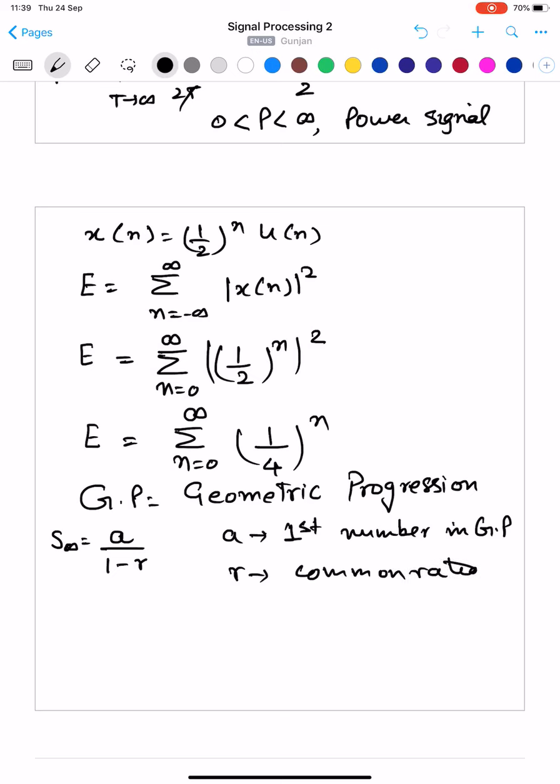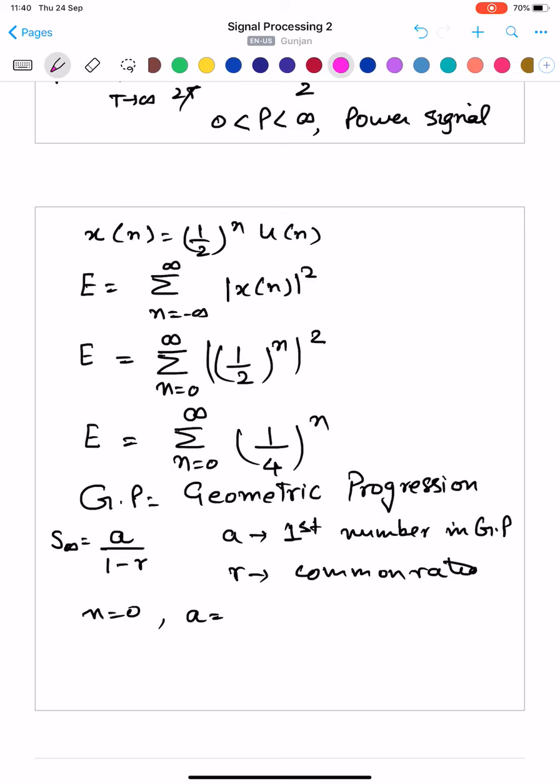So for this, the first term means n equals 0. So for our case, a is equal to, when you put n equals 0, 1 by 4 raised to the power 0, which equals 1.